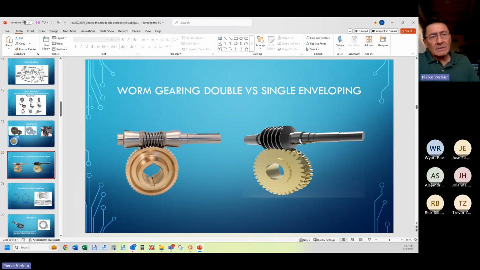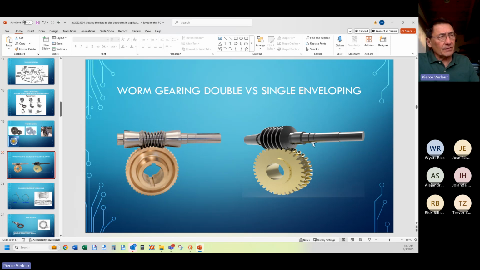In a straight worm, you're going to have the mathematical principle of a line contacting the circumference of a circle at a tangent point, which is by definition one point. Therefore, this is a one-tooth interface. Here, all the torque is transmitted from the driving shaft to the driven shaft in terms of one tooth. This is the worm, and this is the worm wheel, or worm gear.